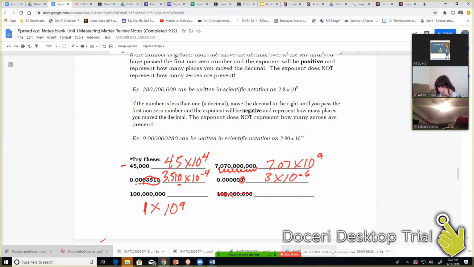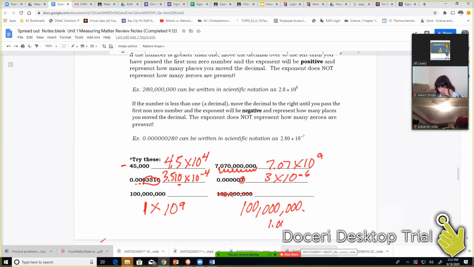And I think this was what the other one was, right? But you had a decimal at the end. So what would that one be? Oh, those were sig figs.